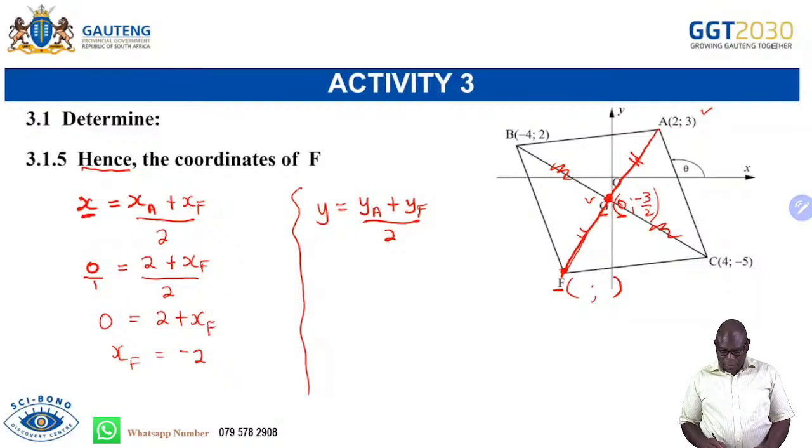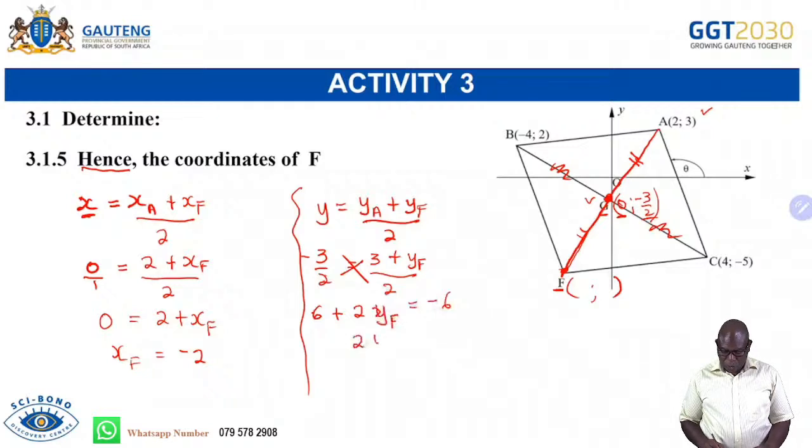Similarly with the y, my y point here on the midpoint is minus 3 over 2. My y at A is going to be 3. My y at F, I don't know, all divided by 2. Cross multiplying, 2 times 3 is 6, plus 2 times y at F, and that will equal 2 times negative 3, which is negative 6.